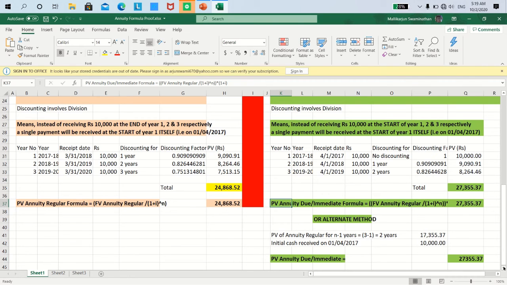And with respect to PV annuity due or immediate, I have also taught you that there is an alternate method of calculating the amount, which is also explained to you across rows 41 to 44 to arrive at the same 27,355.37. Now what we observe is that we have clearly understood the logic here.